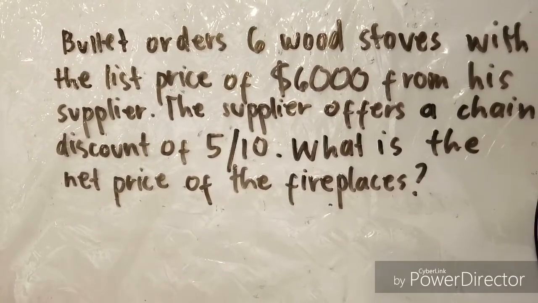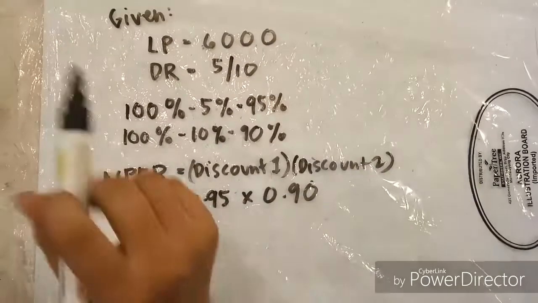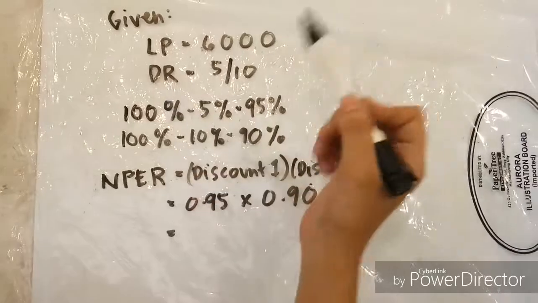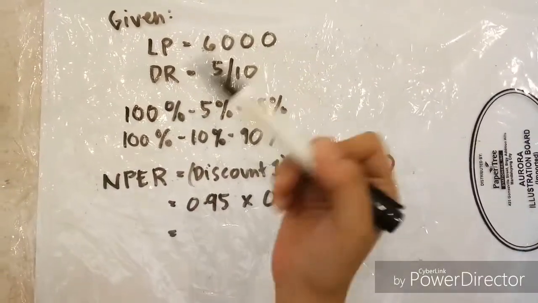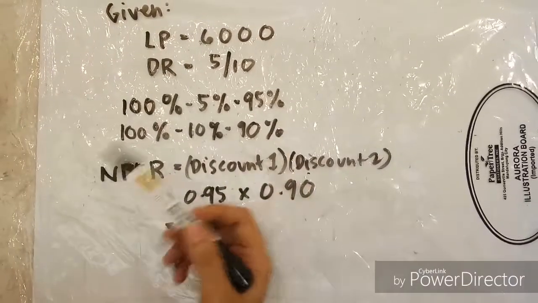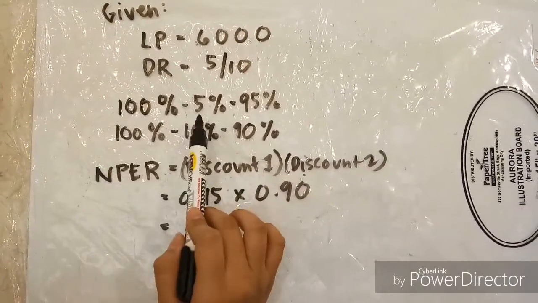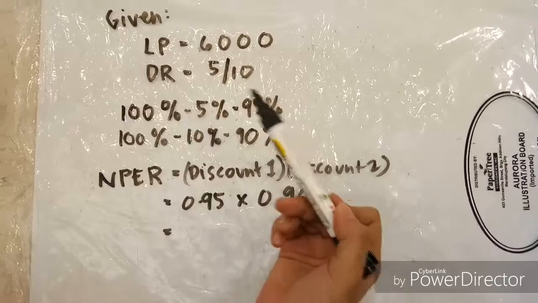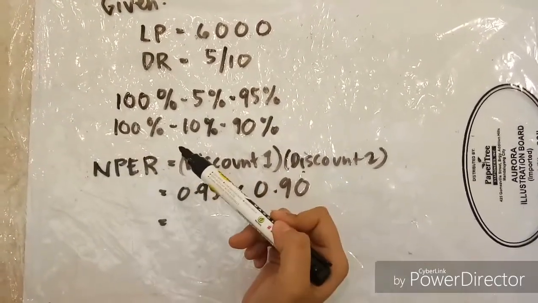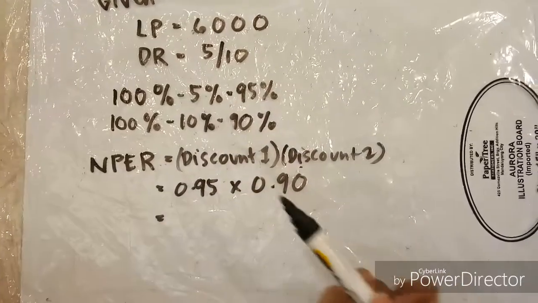What is the net price of the fireplaces? List price is 6,000 and the discount rate is 5/10. The first step is to subtract each discount from 100%. So 100% minus 5% is equal to 95%. And for discount 2, 100% minus 10% is equal to 90%.